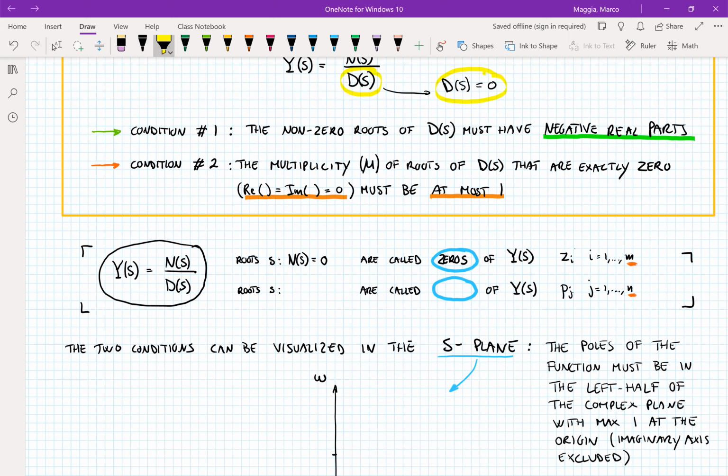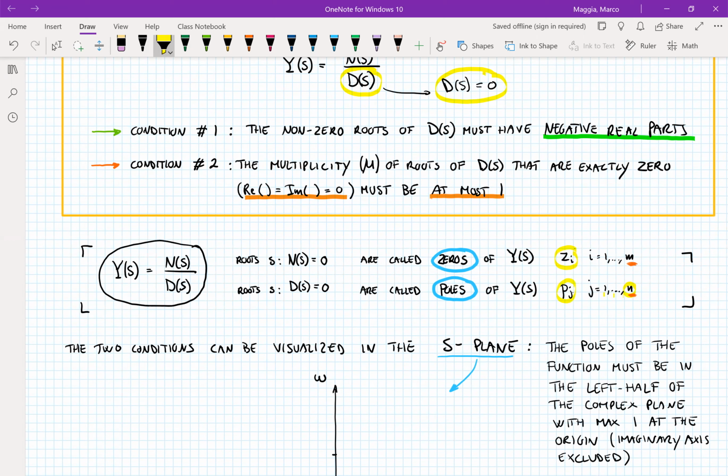And we usually write them as z1, z2, all the way to zm, where m is the degree of the polynomial n of s. We can do the same thing when we solve d of s equals 0. Now, the roots of this equation are called poles of y of s. How many poles do we have? Well, we have p1 all the way to pn, where n is the degree of the polynomial d of s.